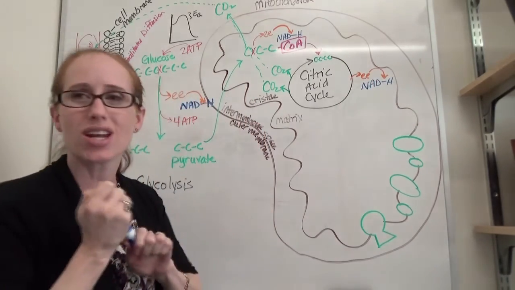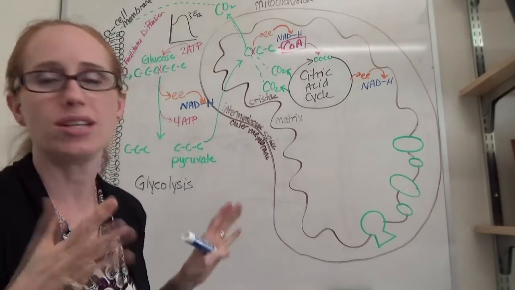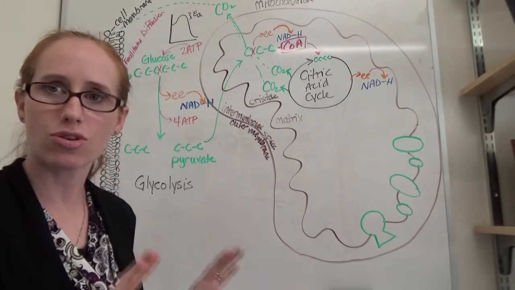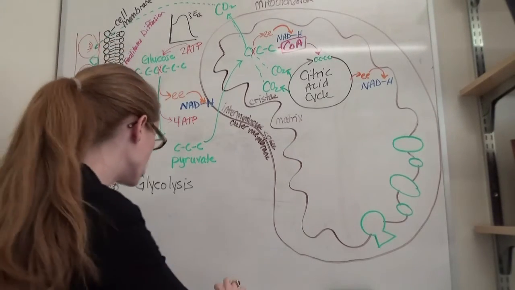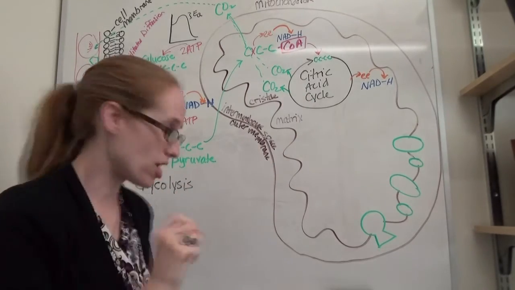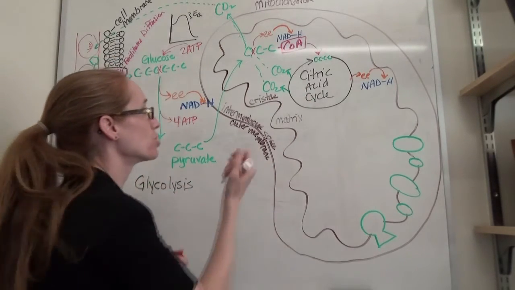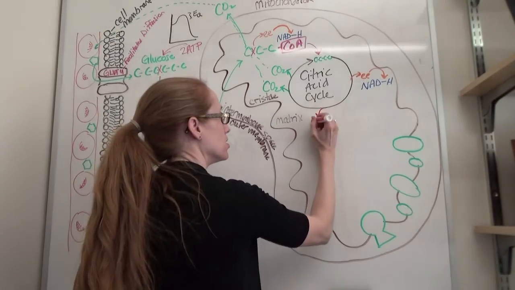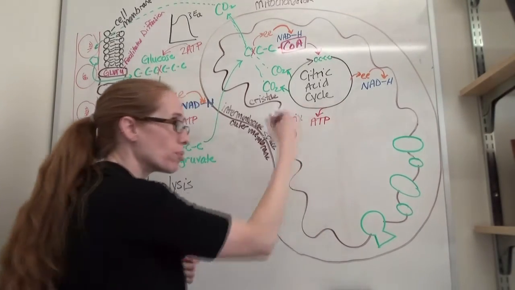Okay, we also get another molecule, FADH2. It does the same purpose as NADH, so for our purposes, we're going to leave it as NADH. Okay, and you get a tiny bit of extra energy left over. And so we're going to produce an ATP. But just one per turn of the cycle.